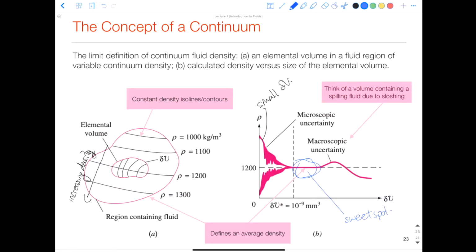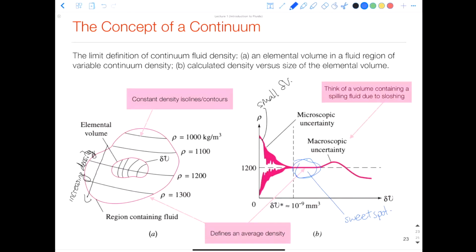And if we choose a volume that's too big, we could begin to introduce macroscopic uncertainty. That could be due to geometry or different material properties around this. So we don't need to worry about that. Everything we're going to be doing throughout this course, for any differential analysis, assumes a volume that can be approximated as representative of the material properties and is part of a continuum.